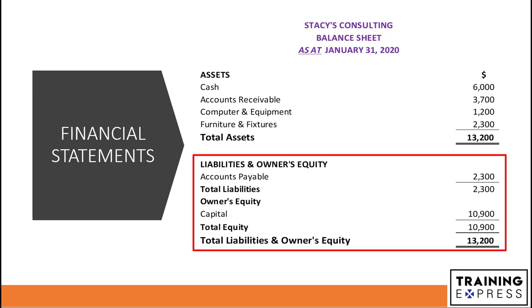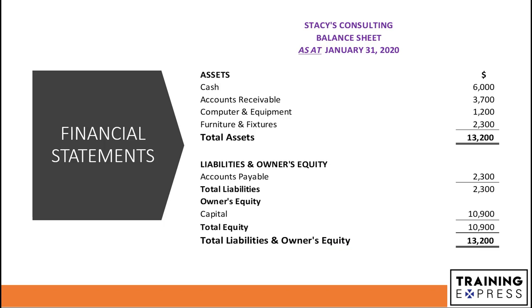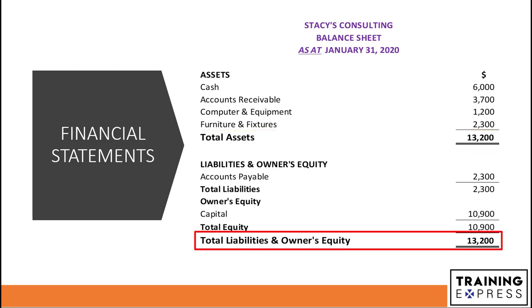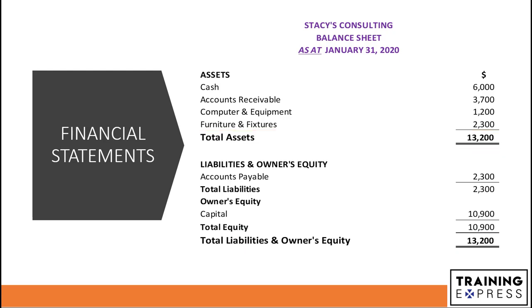So our total equity is $10,900 and our total liabilities and owner's equity will be $13,200. If you remember, in the first few sessions we learned that the accounting equation has always to be in balance. So you can see our total assets are equal to total liabilities and owner's equity.